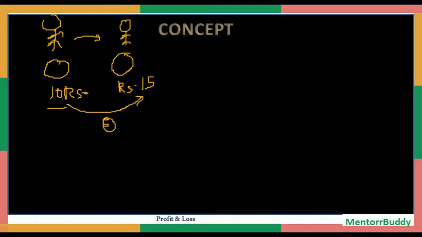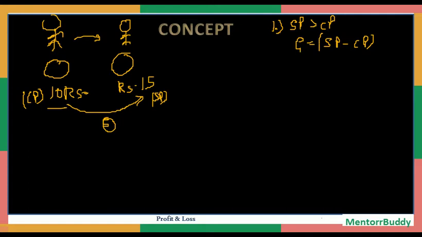So this 10 is the cost price, and this 15 is the selling price. We need to understand one thing: whenever the selling price is greater than the cost price, there is always going to be a gain. So gain will be equal to SP minus CP.